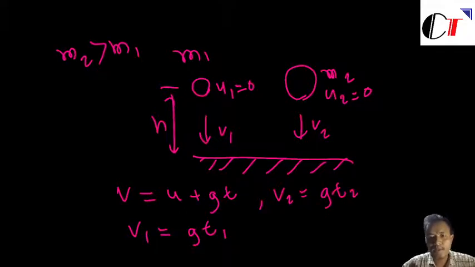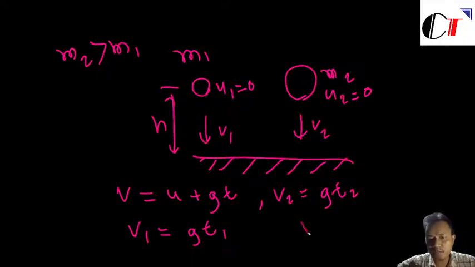Now you can see here the initial heights of the objects are the same, so this means they have to travel the same distance, and they are moving with constant acceleration. So this means regardless of the mass, the rate of increase of velocity or speed will be the same for both objects because they are from the same height, they travel the same distance, and they reach the surface of the earth at the same time.